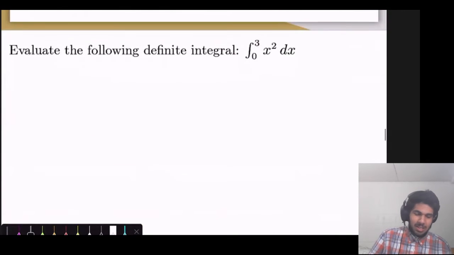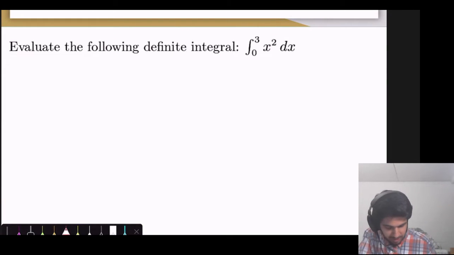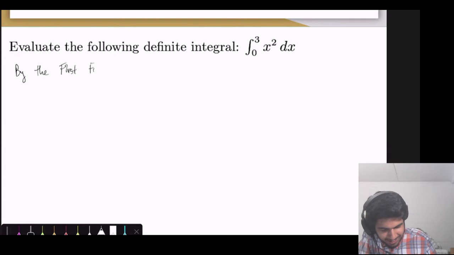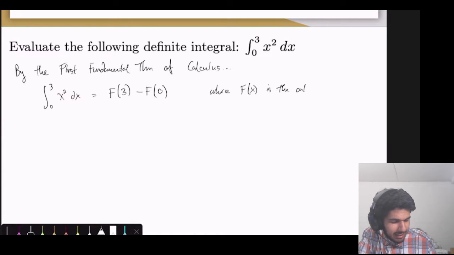So let's do it. So the integral from 0 to 3 of x squared dx. By the first fundamental theorem of calculus, the integral from 0 to 3 of x squared dx is equal to F of 3 minus F of 0, where F of x is the antiderivative of x squared.